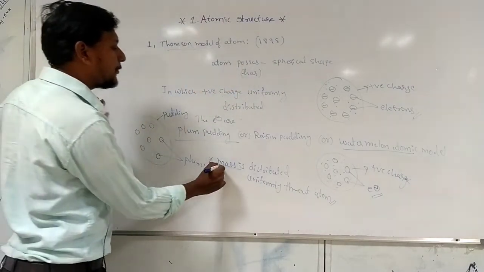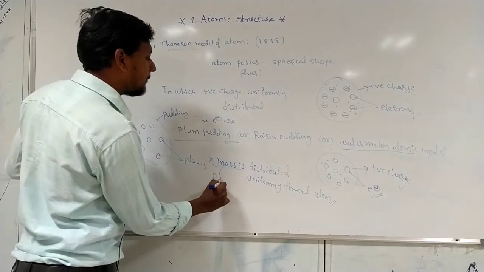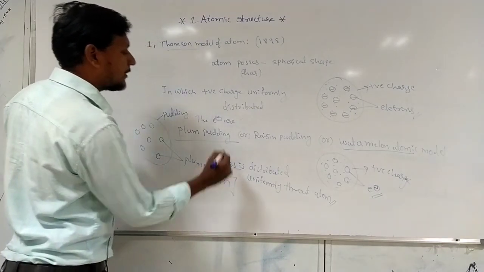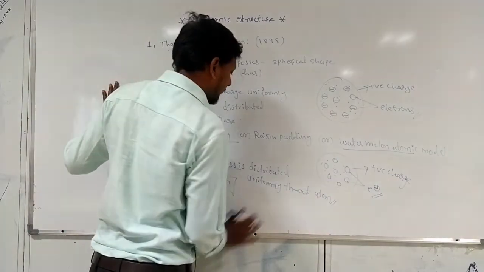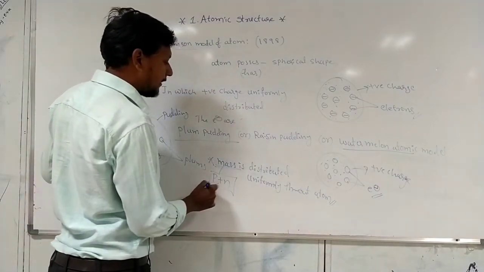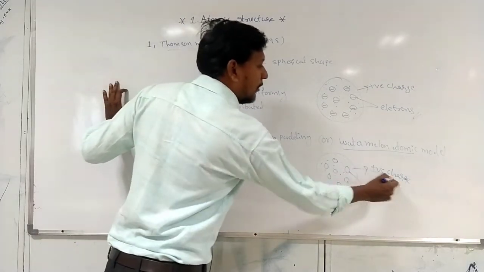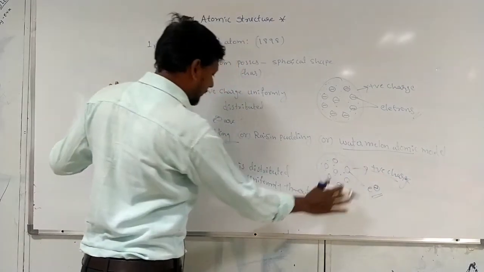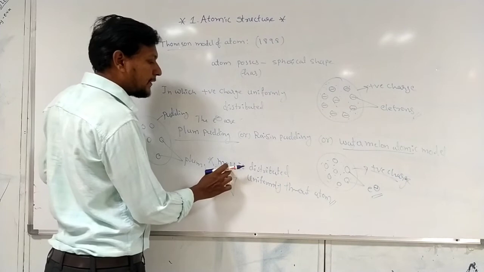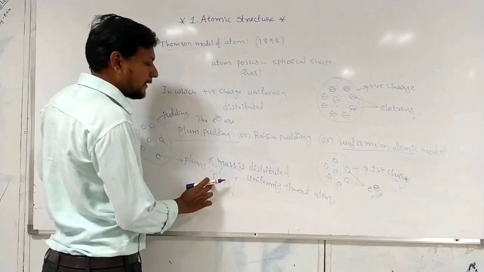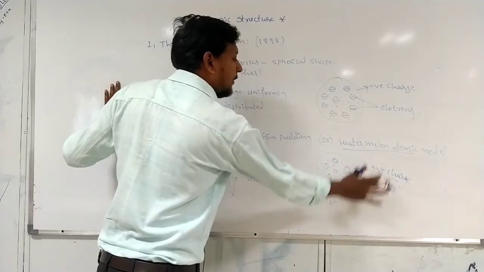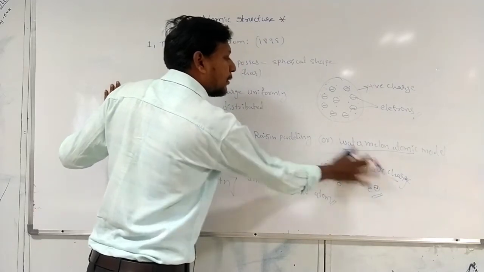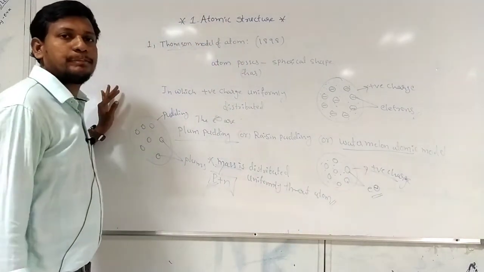Mass is due to protons plus neutrons. Positive charge is uniformly distributed, already we know, and mass is also uniformly distributed, which means the protons and neutrons are also distributed uniformly throughout the atom.